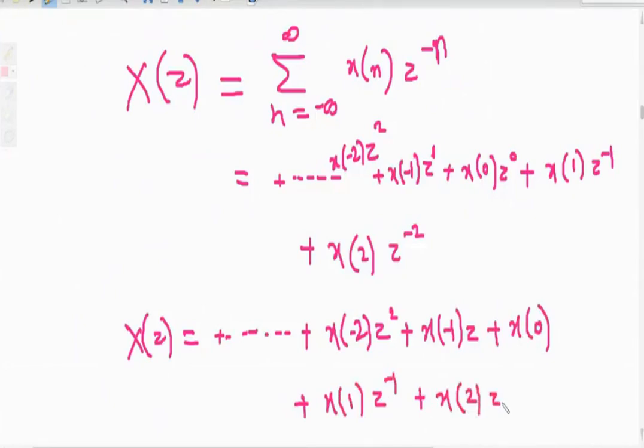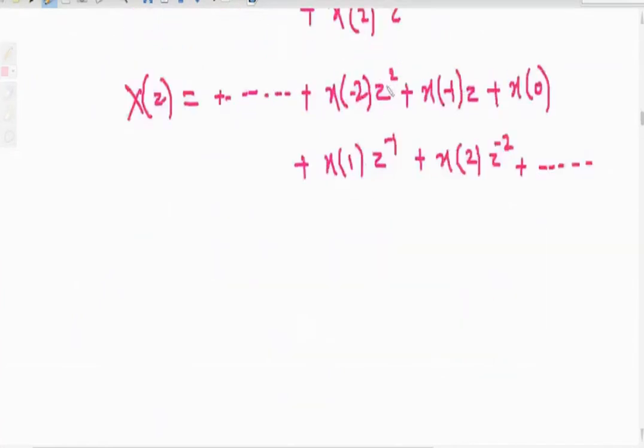This is how we get the expansion of the definition by summation. Simple thing. Now what is your observation? The constant term in the expansion of the Z transform is nothing but x of 0.